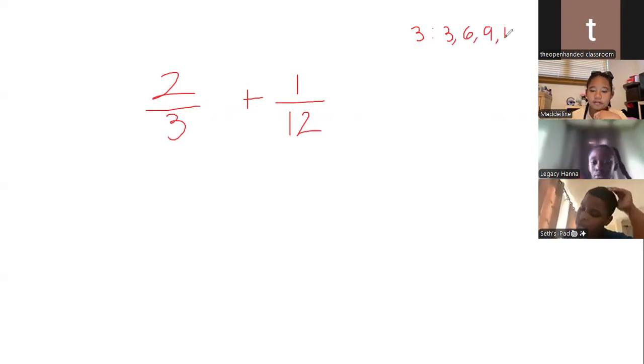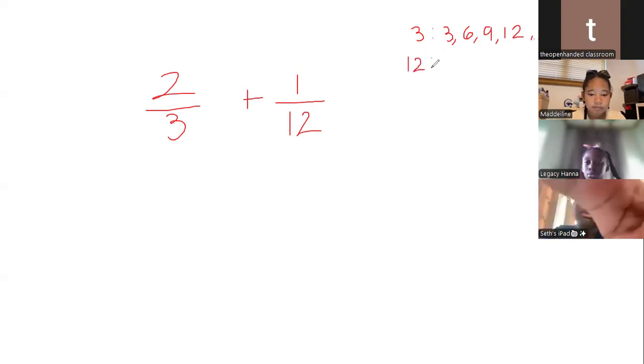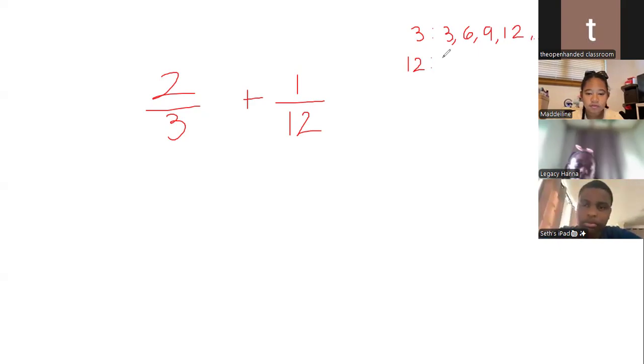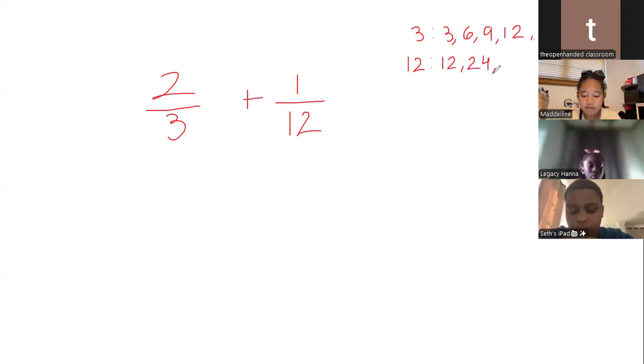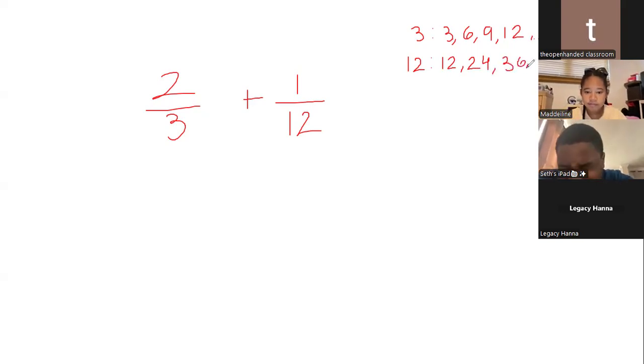What else? 12, and so on. What are multiples of 12? 12, 24, 36, 48, 60, and so on, right? So what is the lowest common multiple of 3 and 12?